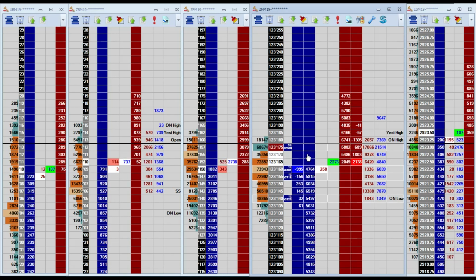What I don't want to do is let this come all the way back up and scratch. It's basically like I might as well trade a one lot with a 2-tick target. There's no sense in doing that. But based on what's been happening, I don't expect this to come all the way back up.